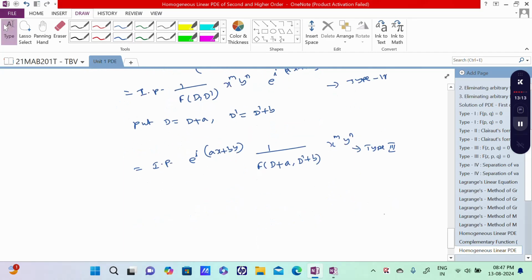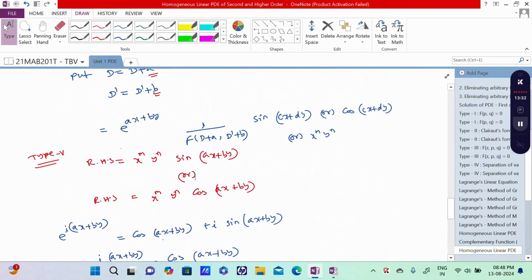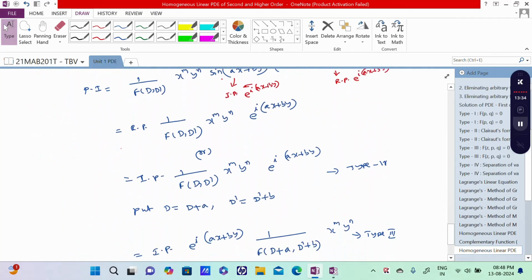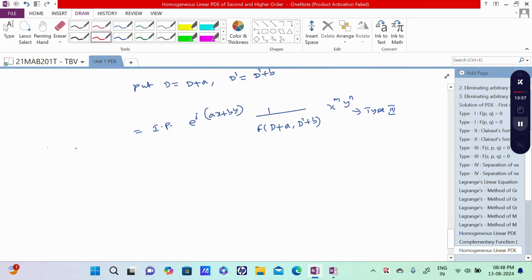To solve type 3, this is type 1, type 2, type 3, type 4, and some general type. The general type is what we use when the rule of type 5 does not apply. Now we are taking type 6, which is a general rule. This general type, or the function R of x comma y, may not always be of the above types.